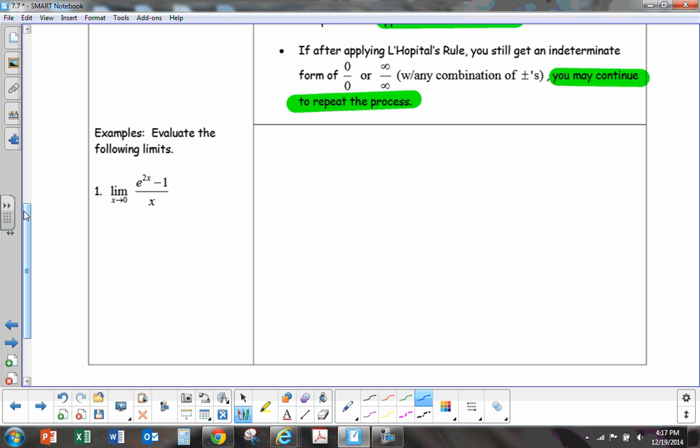So in order to do that, we would say the limit as x goes to 0 of e to the 2x minus 1 over x. That was that example on the last page that we couldn't really do anything with. If I just substitute in, I get 1 minus 1 over 0. I get 0 over 0.